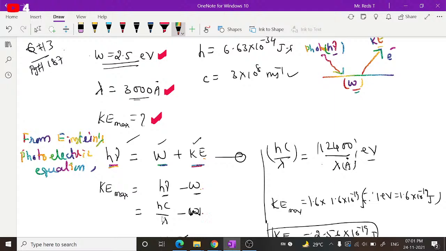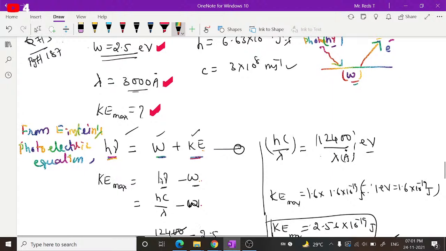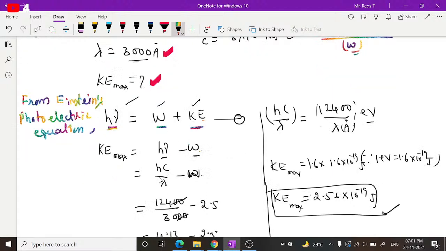But if you substitute the actual values, we get joules. So to avoid that, we have to remember this expression. hc by lambda in electron volts can be expressed as 12,400 by lambda in angstrom units. If we take this, then we will get the entire value in electron volts.